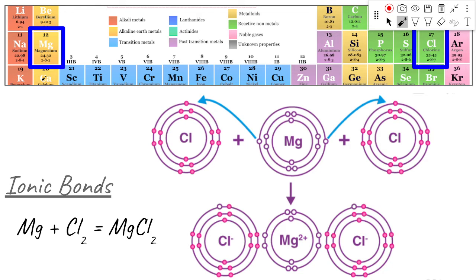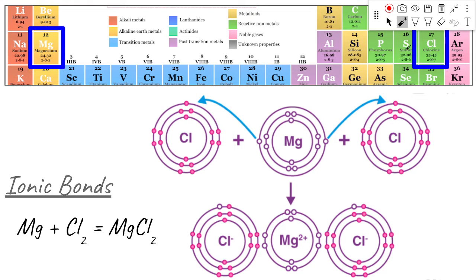So when I take this magnesium, I've got 2 electrons on the first shell, 1, 2, 3, 4, 5, 6, 7, 8 in the second shell, that gets me to 10. It's number 12. So I've got 2 more that are out here on the outer shell, and that irritates magnesium.